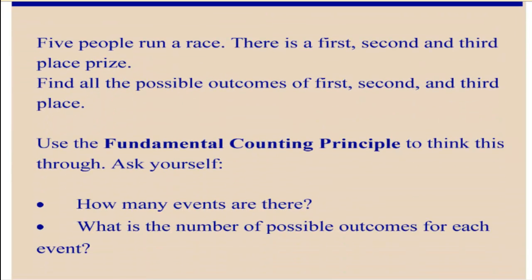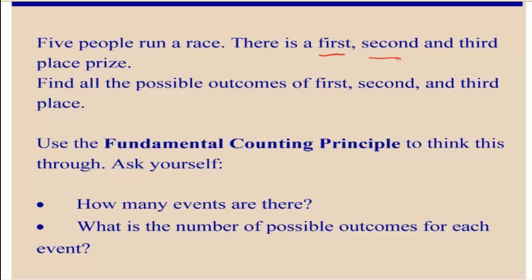So we're going to use the fundamental counting principle and ask ourselves, how many events are there? Well, let's see if we can identify the events. Can you identify the events in 5 people running a race and having a first, second, and third place? One event would be getting first place.